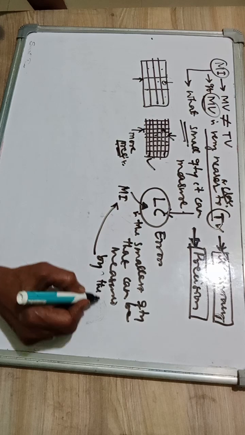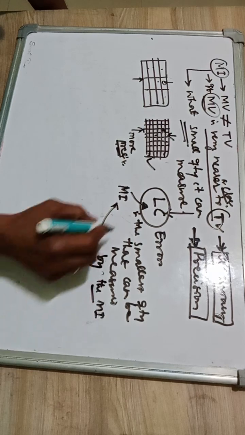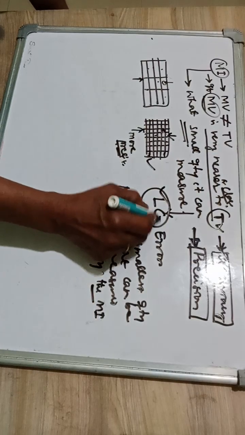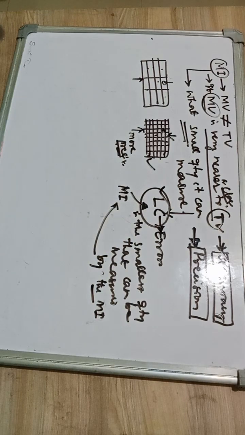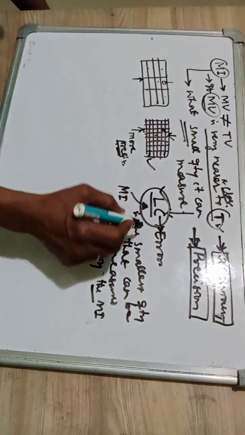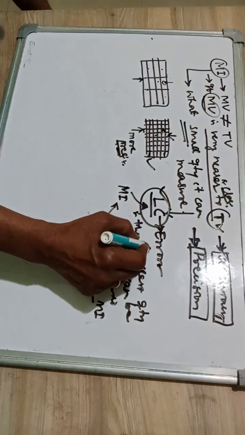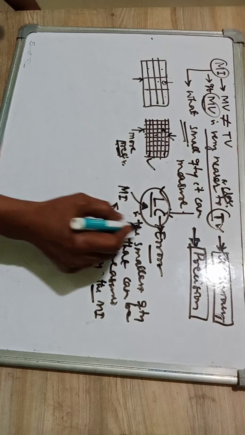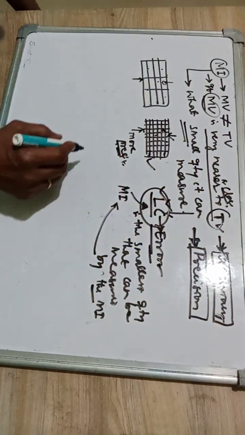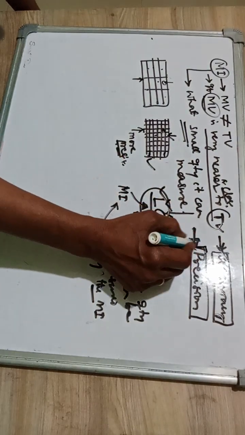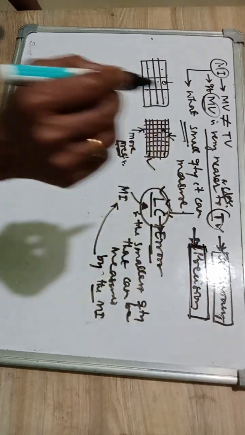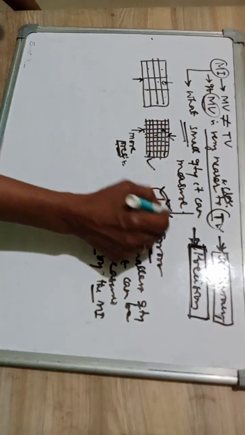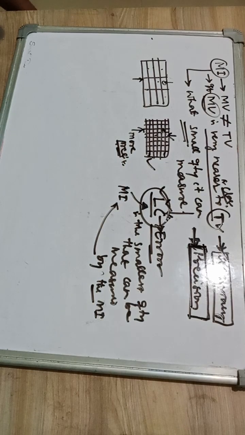If the quantity is smaller than the least count, some error will be there. We cannot measure the exact one, and that error is the least count error. The precision of the instrument is limited up to the least count.